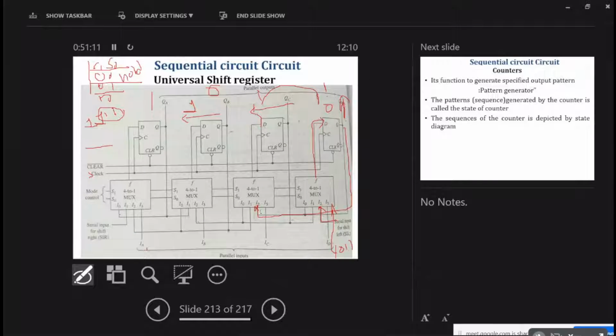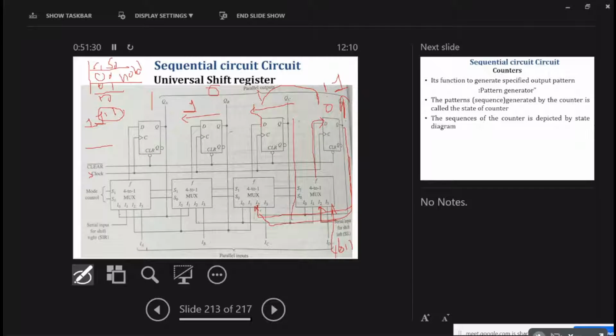So in the next clock pulse, what will happen? Whatever is at this position will get shifted here, and whatever is at this position will get transferred to here. Again, what is happening here?